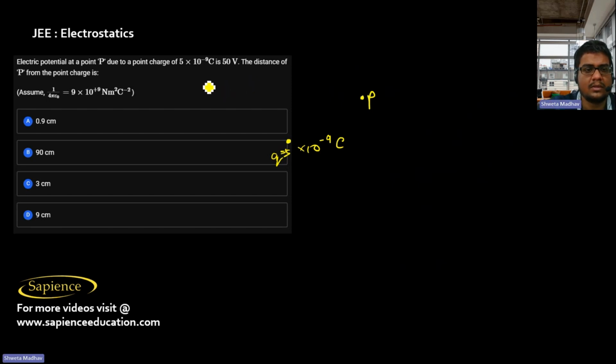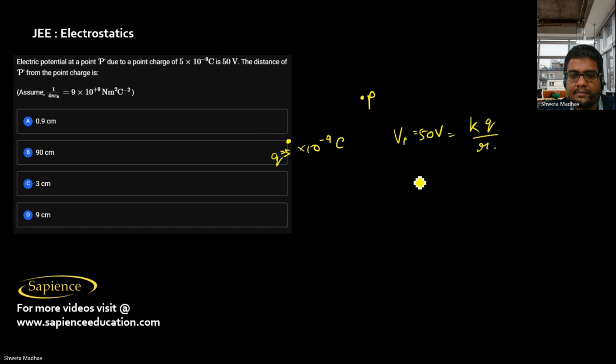The electric potential at the point P, V equal to 50 volts. We have to find the distance of the point P from the point charge.